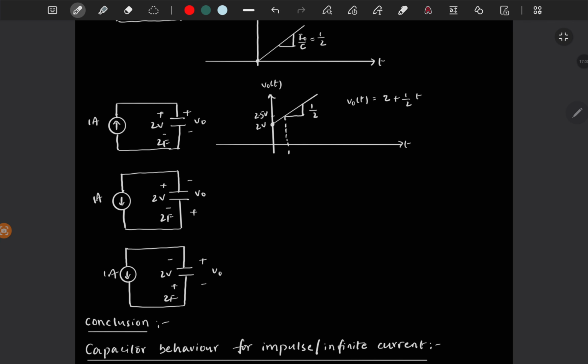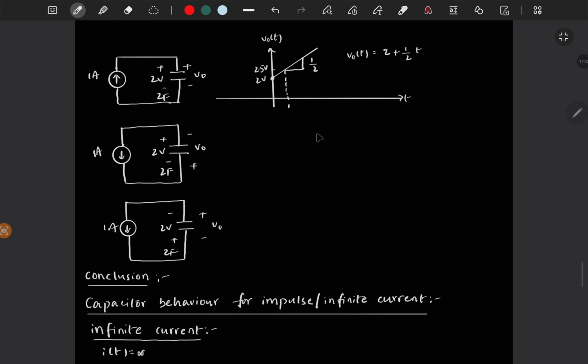For this one, the initial voltage is 2, but we are pumping, so assume all the current sources are for t greater than 0, just for assumption.